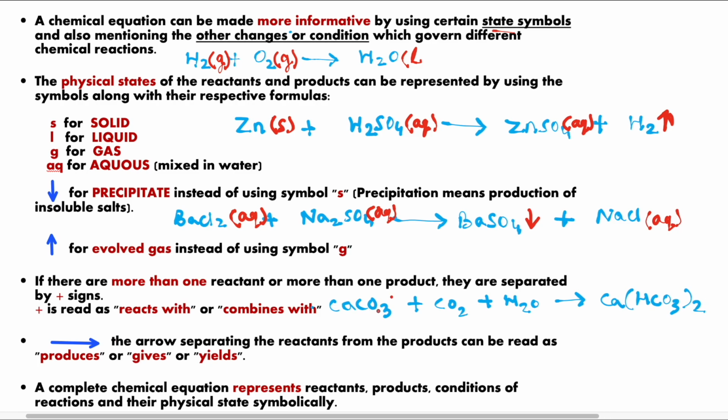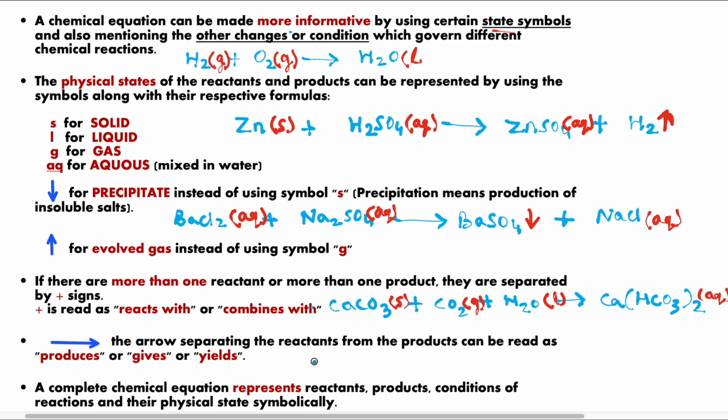So here the physical state of calcium carbonate is that it is solid in state, carbon dioxide is gaseous in state, and water is liquid in state, and it yields calcium hydrogen carbonate, which is aqueous in state. Thus we see that a complete chemical equation represents the reactants, which are written on the left hand side of this arrow, and the product, which is written on the right hand side of this arrow.